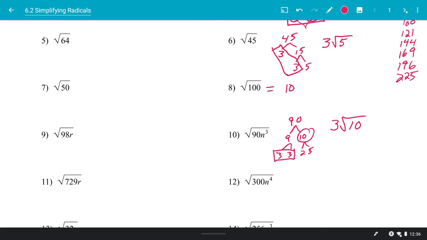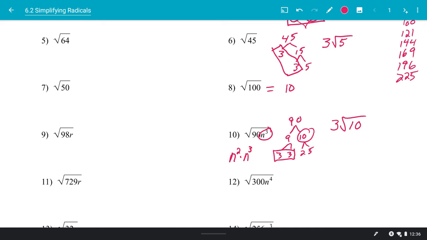Okay, now, the other thing that happens is we've got to look at this variable. Since it's an n cubed, I want to take the square root of that. So I could rewrite this as n squared times n.